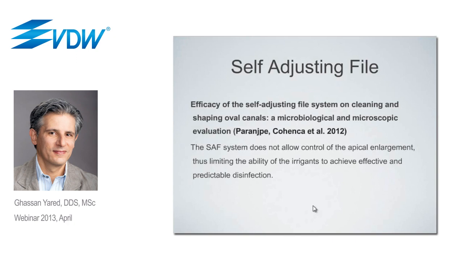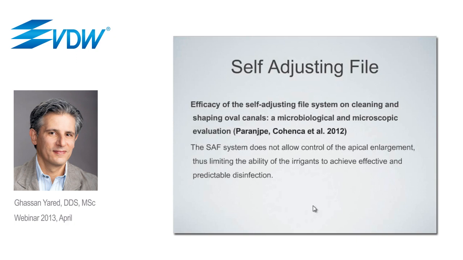Imagine the use of files up to size 20 or 30 in narrow canals or curved canals. And again, this is where the major problem is. This is where we are more likely to create problems regardless of our skills.